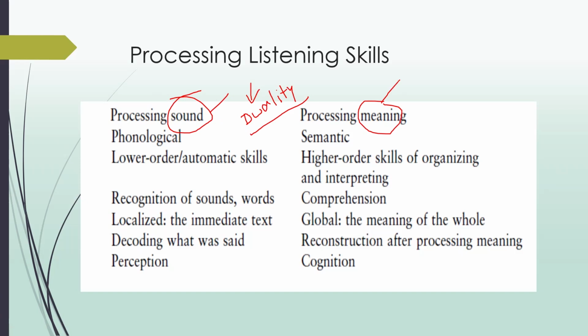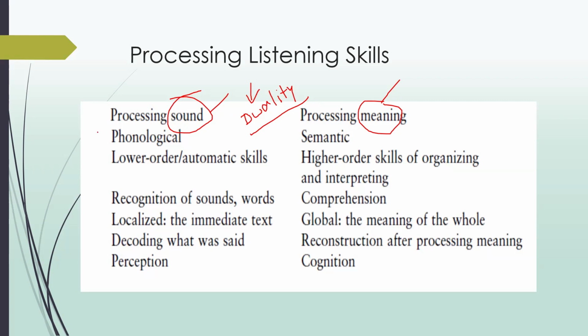If you look at animals, they do not have a dual portion like language. They do not have sound and meaning altogether. They might have only the sound, or only the meaning, but they do not have sound and meaning altogether as we have in language. So whenever you are processing only sound, what are the things you listen to?